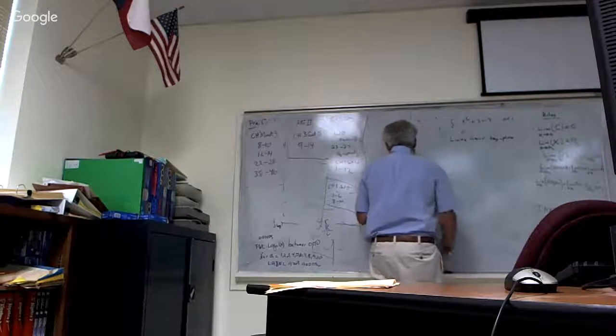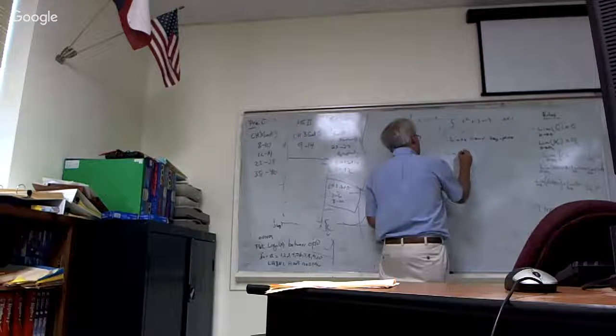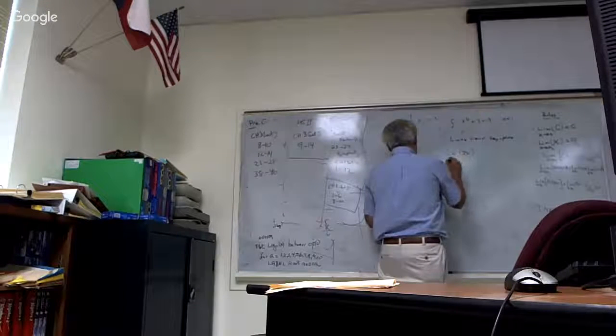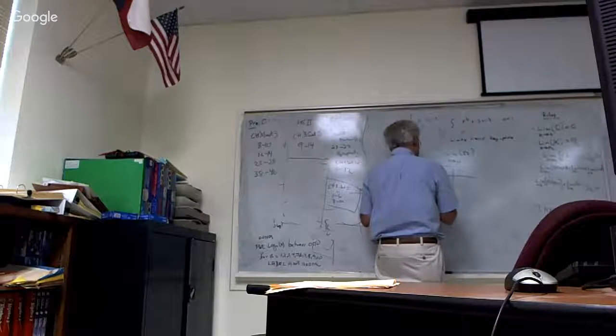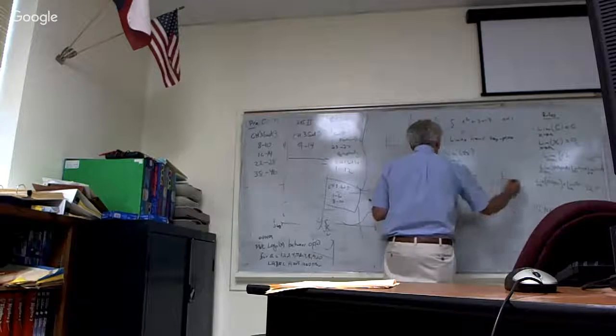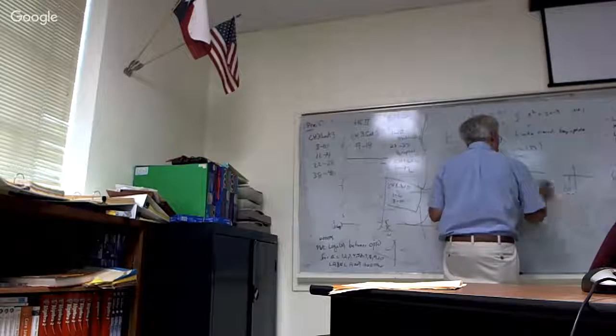So let's think about this one. What if I have the limit of 1 over x squared as x goes to 0? Okay, from the left, I have minus 0.1, minus 0.01, minus 0.001. From the right, I have 0.1, 0.01, 0.001.